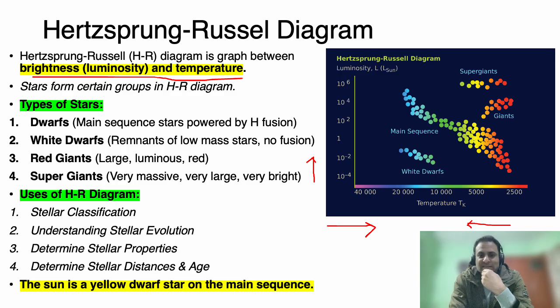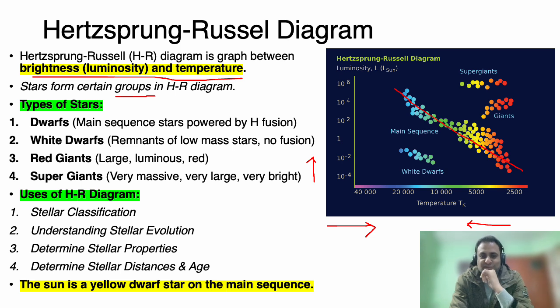So you see some groups of stars, right? The largest group is this one, of course. Along this line you will find most of the stars in the Milky Way.